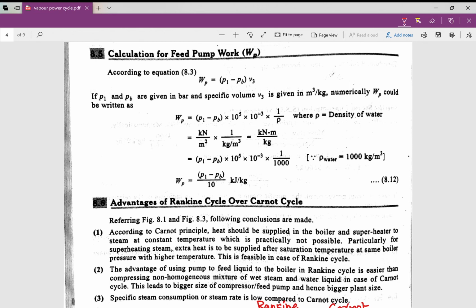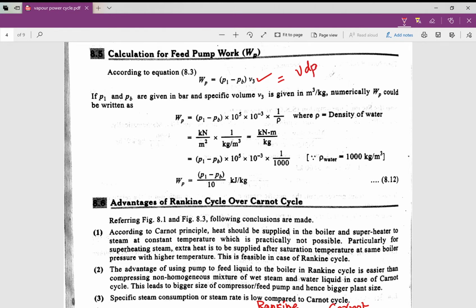Dear students, now in continuation of Rankine cycle, we are Dr. Ajay Kumar once again. Here there is a very simple formula for calculating pump work that we are going to see. Pump work, as we have seen in the previous lecture video, is nothing but V dP.